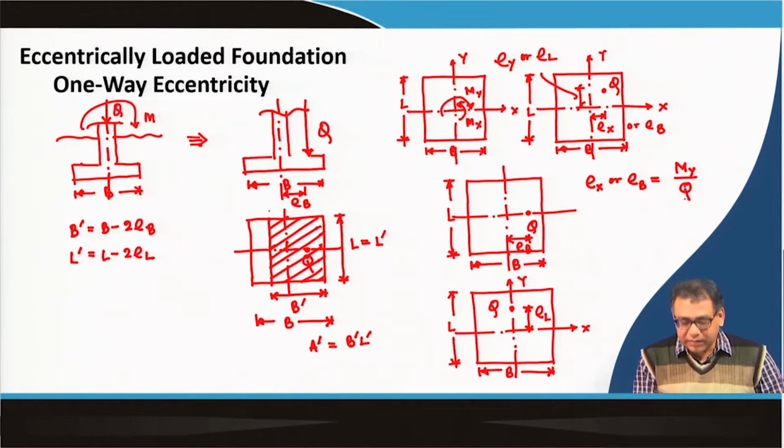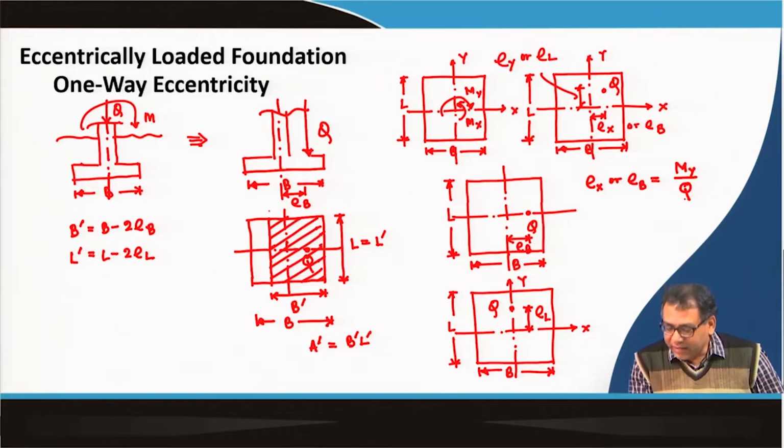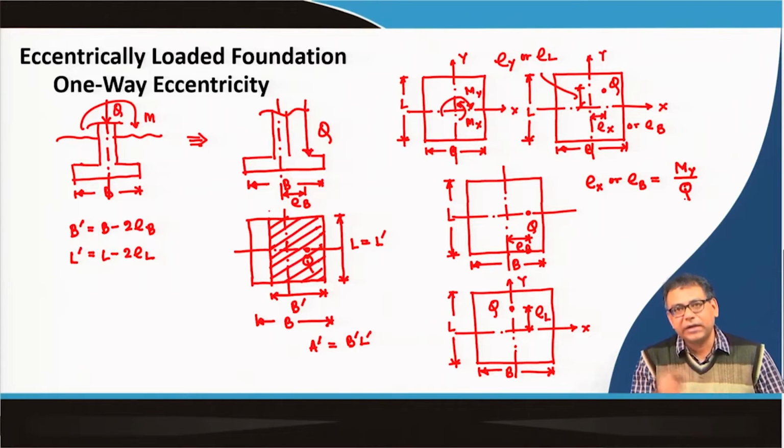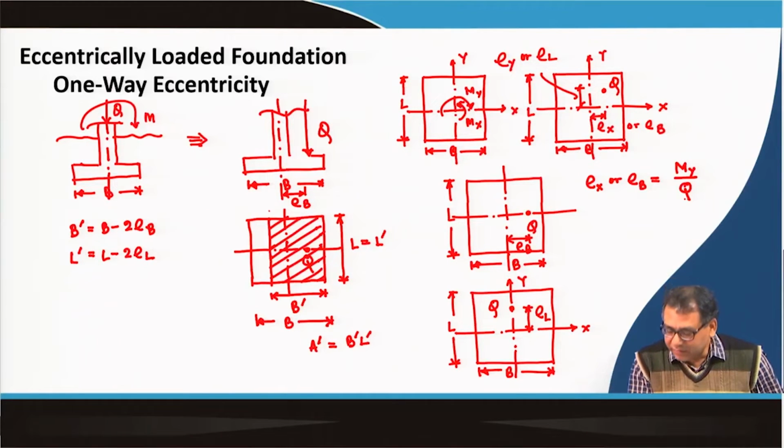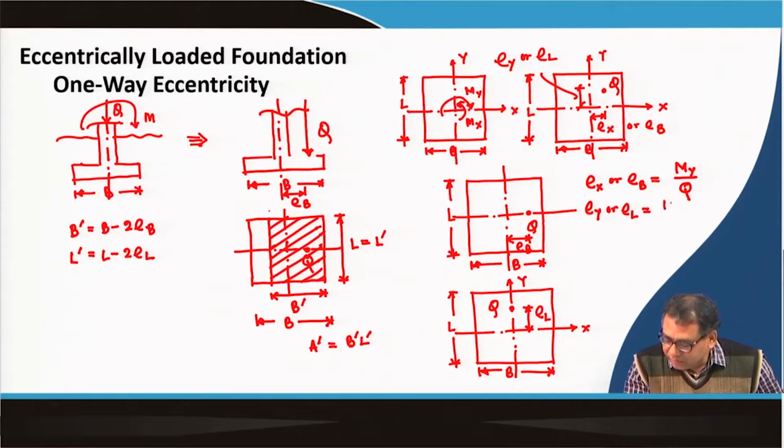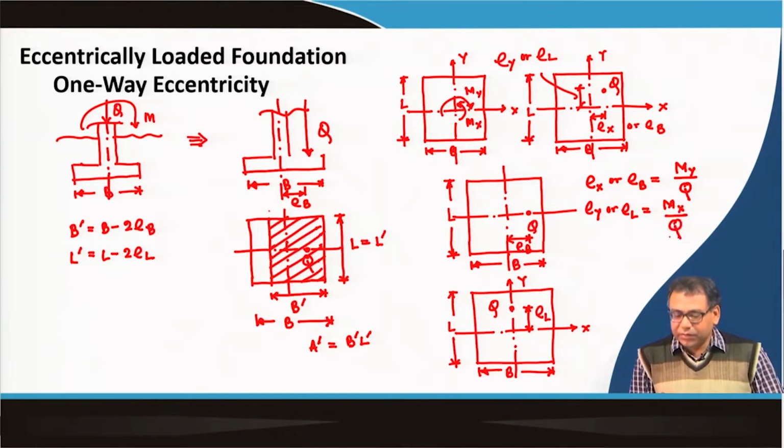That means, if there is a moment acting with respect to the x y axis and there is a load q acting, then we can determine E b or E x in this way. And sometimes E b or E x can be directly given if the load is itself acting away from the center. Similarly, I can write that E y or E L is equal to m x divided by q.